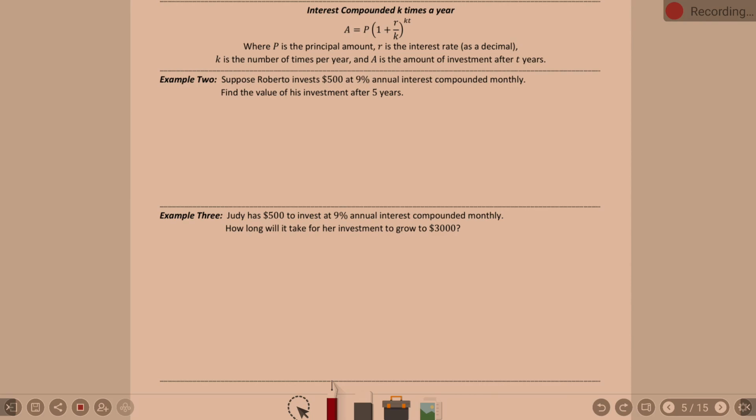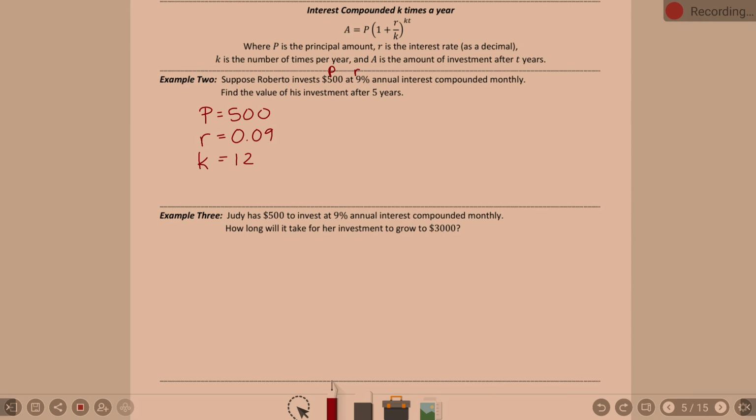Suppose Roberto invests $500 at 9% annual interest compounded monthly. Find the value of his investment after 5 years. So what can you identify for me? P is the 500, R is the 9%, 0.09.